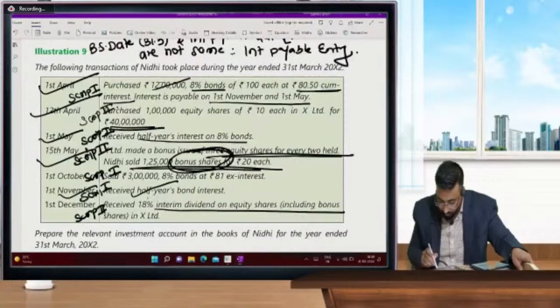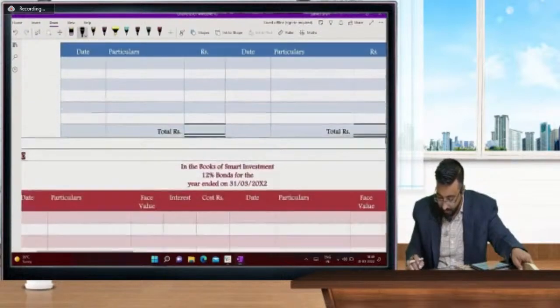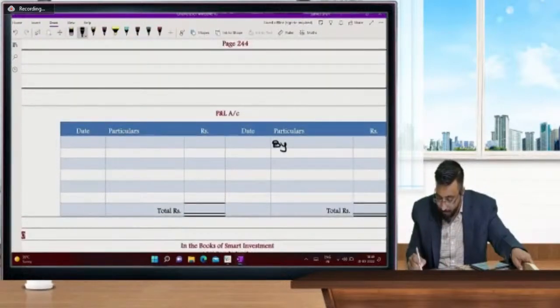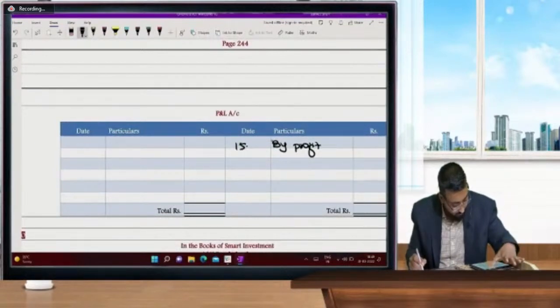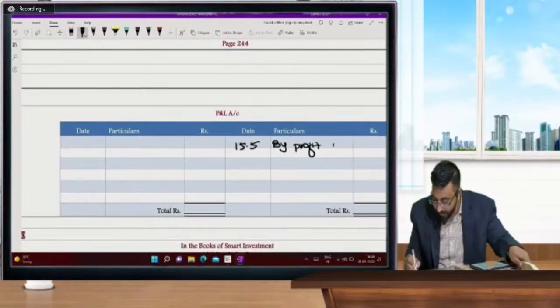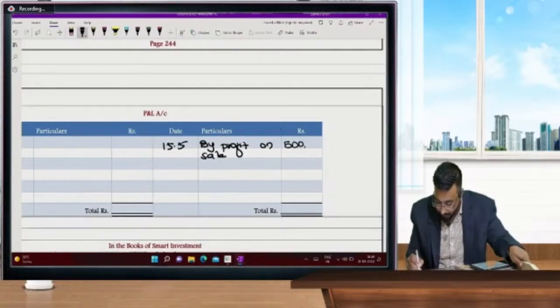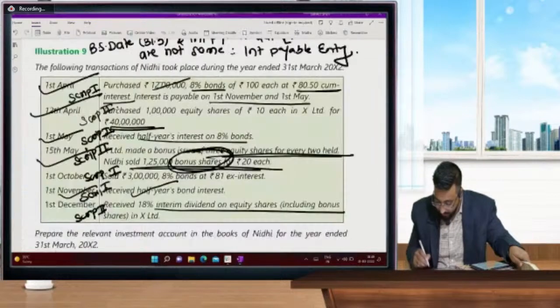Now, P&L के क्रेडिट साइड में, by profit on sale, 15th. Yes, profit on sale. How much? 5 lakhs. And now he is getting interim dividend.